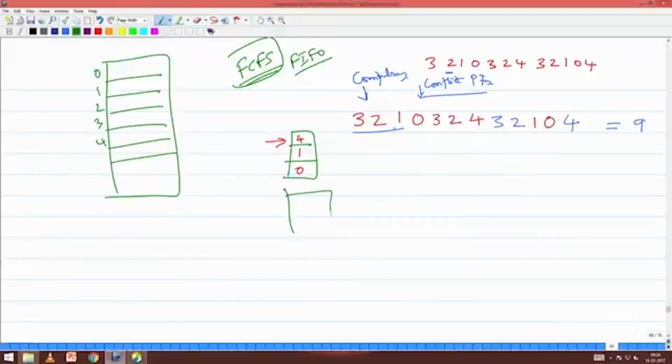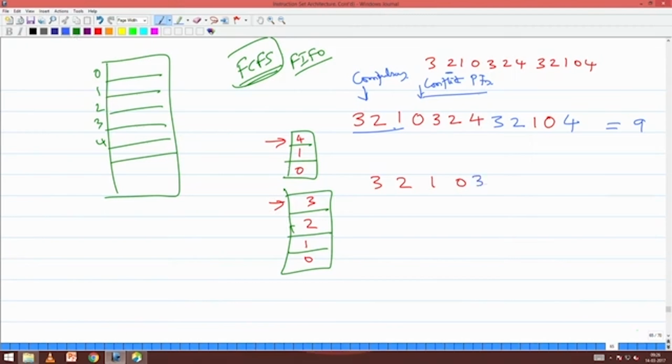So what is the next way of reducing it? Give it 4 frames. Now what happens? 3 is a page fault, 3, 2, 1, 0 are page faults.